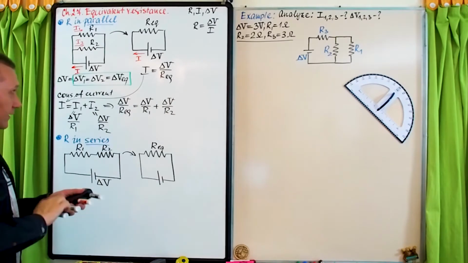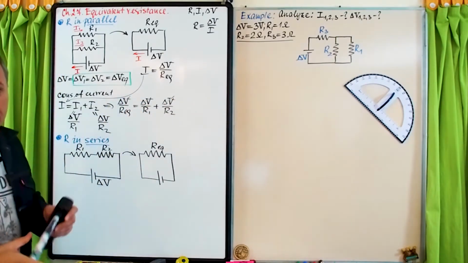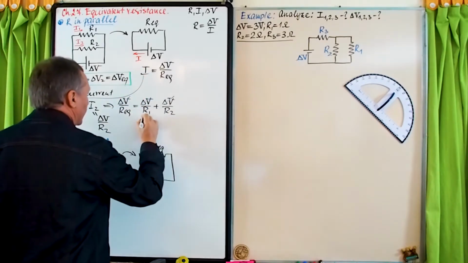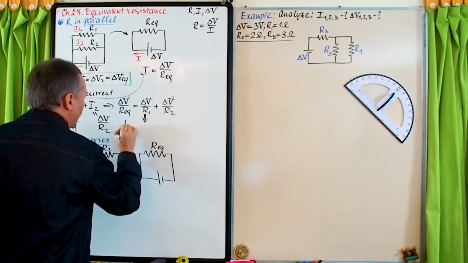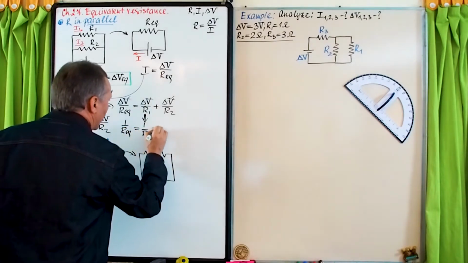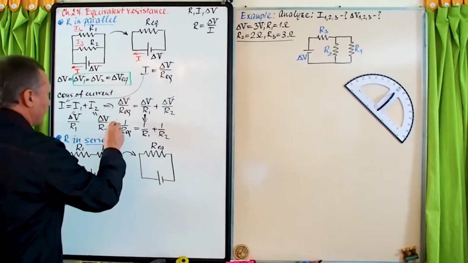So you see delta V gets canceled. And as a result, we're getting the formula which we need to analyze resistors connected in parallel. So it will be 1 over R equivalent equals 1 over R1 plus 1 over R2. Okay, so let me frame this in red.